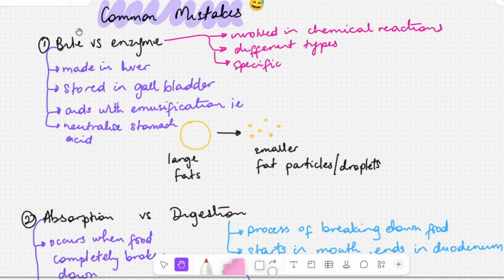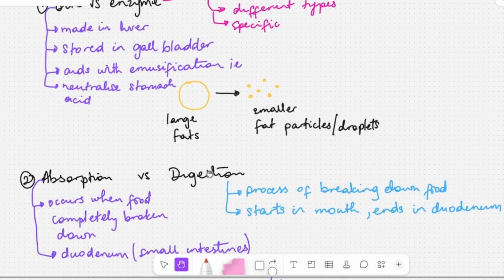Enzymes are not made from the breakdown of any other type of cell, and the remnants of that are basically reshuffled or recycled. Enzymes are made purposefully in the sense that each different type of enzyme only works specifically on one type of substrate. So enzymes and bile, two totally different things.